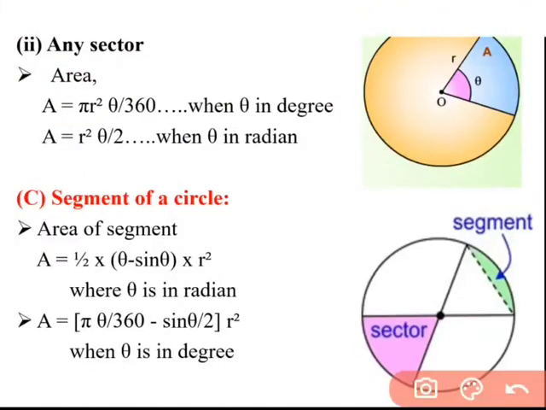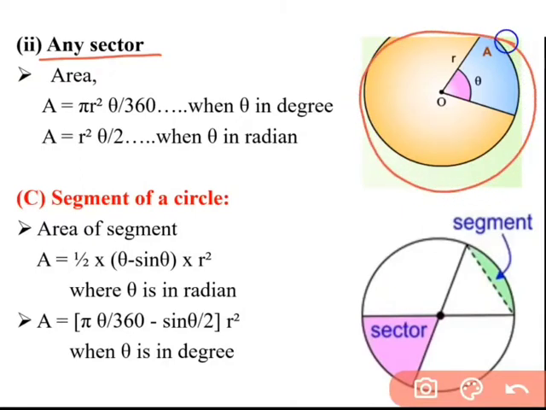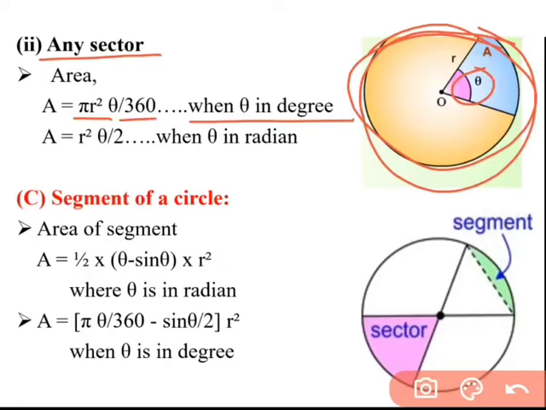Third, any sector. Okay, you can see the figure of any sector. So the area of any sector A is equal to pi r square, that is this circle pi r square, into theta by 360, where theta is in degrees.